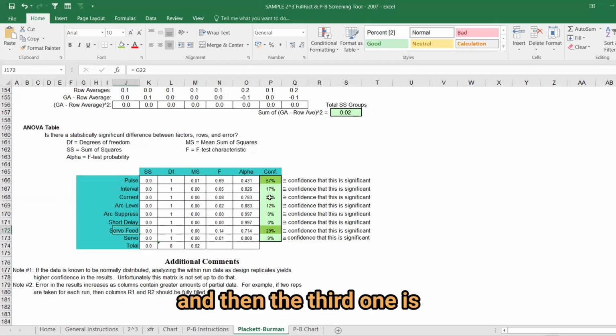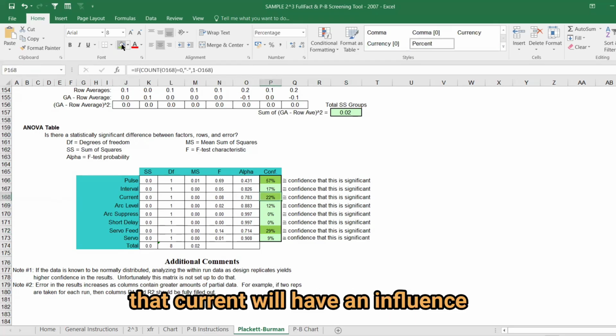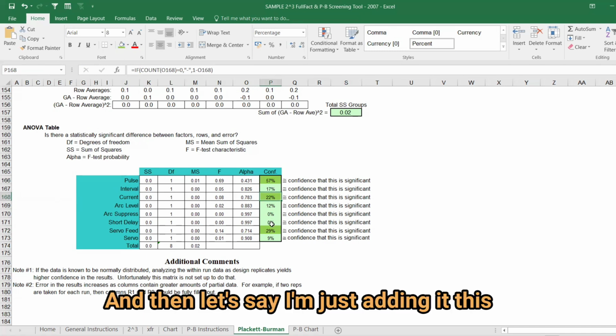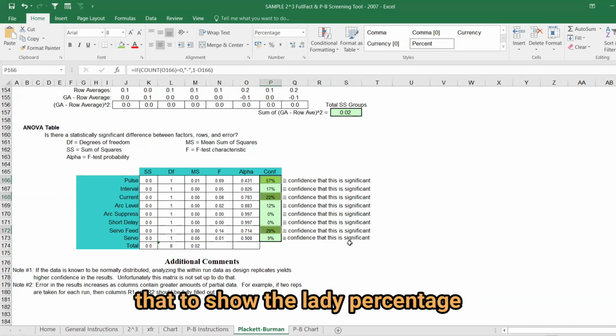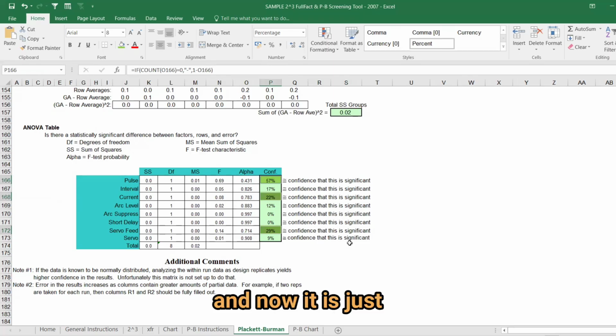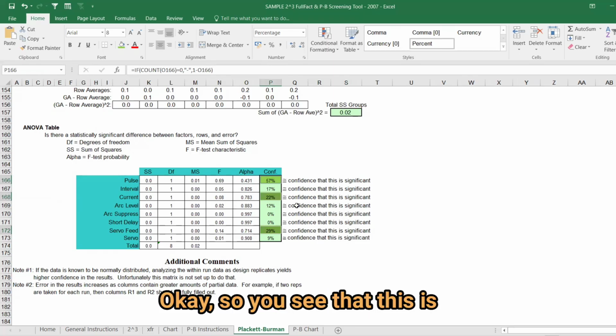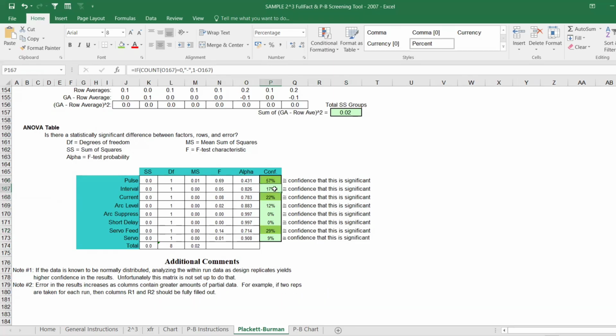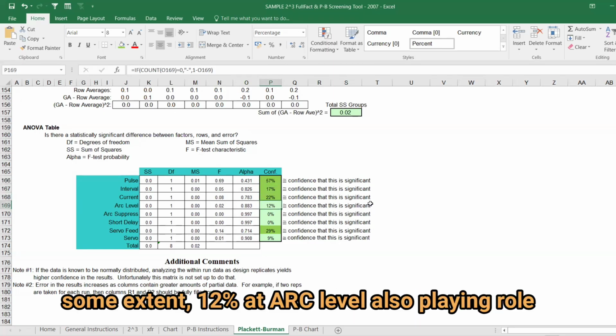And the third one is that the current will have an influence. And then I'm just adding it to show the 80 percentage. So you see that this is playing a role, right? Even 17 I'm taking, and to some extent 12 percentage arc level is also playing a role, right?